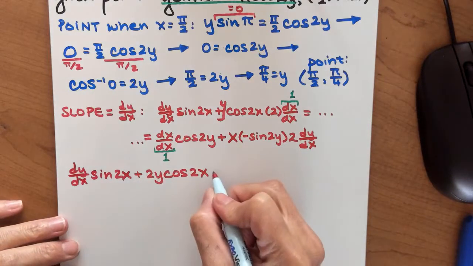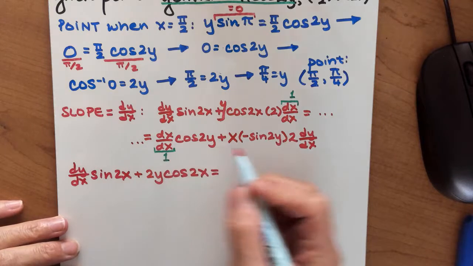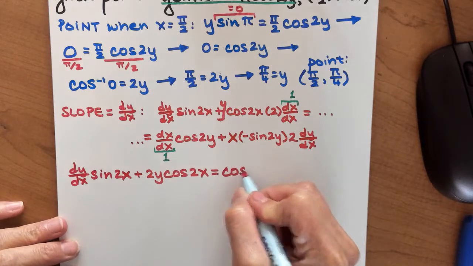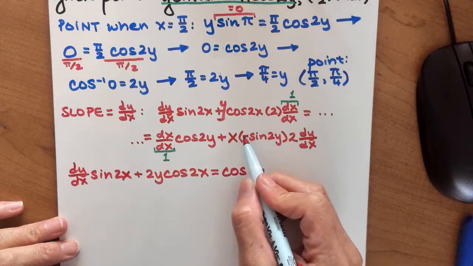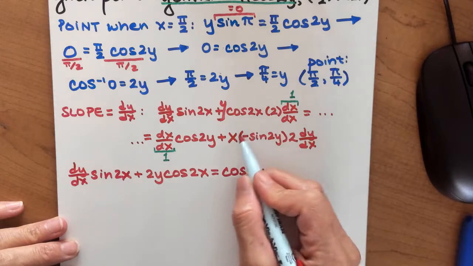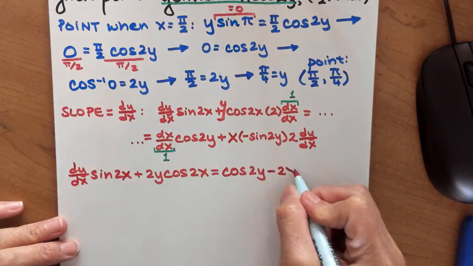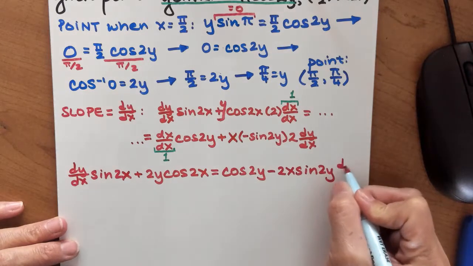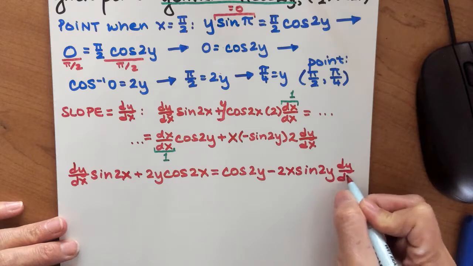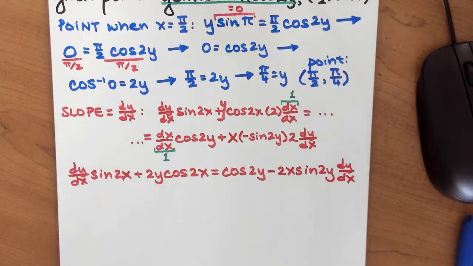So then I have equals cosine 2y and then minus 2x, let's put the coefficient out here, sine 2y dy dx. Okay, there's a lot going on there.